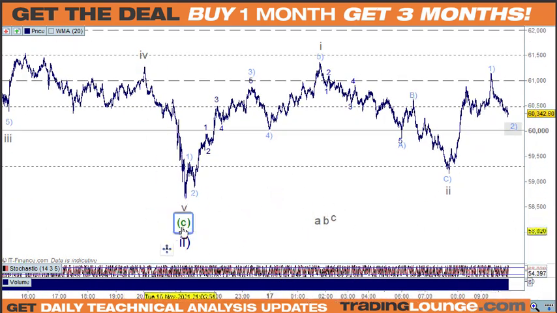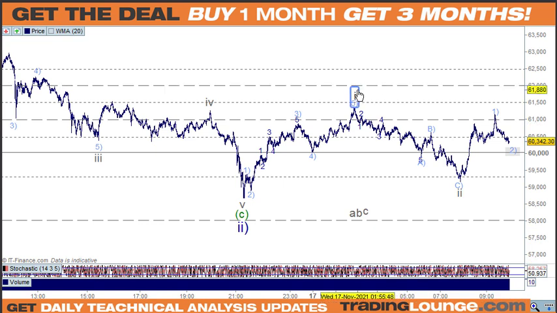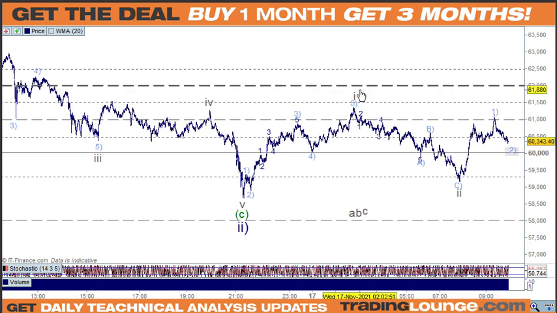Now from the low here, it is possible to count it up as 5 waves, as 1 and 2 here, and then 1 and 2 and 3 and 4 and 1, 2, 3, 4, 5 for the third wave, fourth wave and fifth wave. So I don't see a problem with that being wave 1. It may be a green wave 1, a bigger one than this. Wave 2 here is a bit daunting because it's a bit big compared to wave 1.